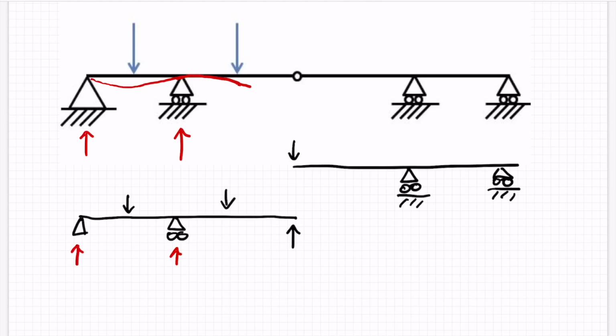So let's draw what we can so far. We've got bending moments that would come down, and it's hogging at the first of the central supports, so that'll go up like that.